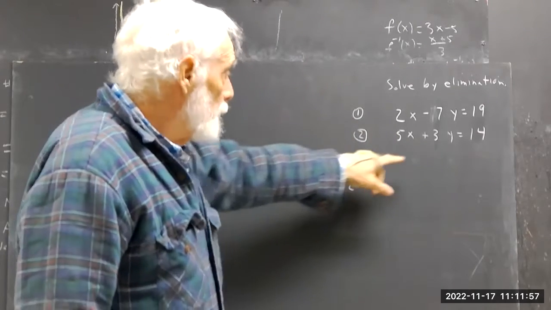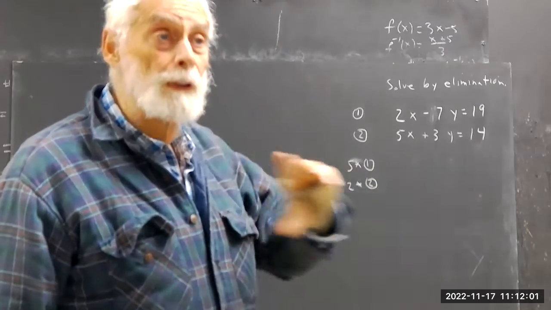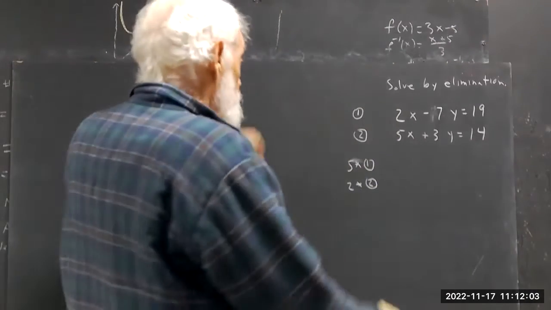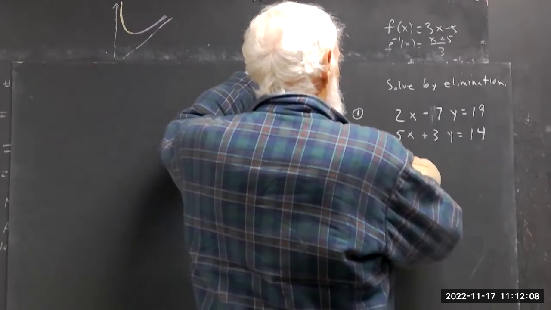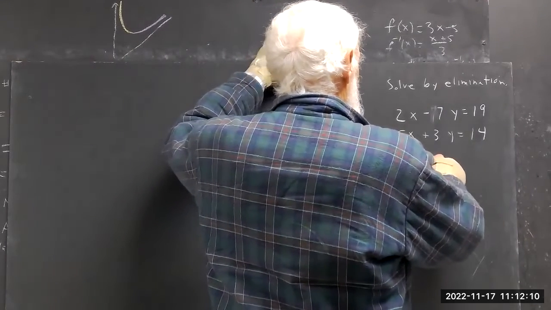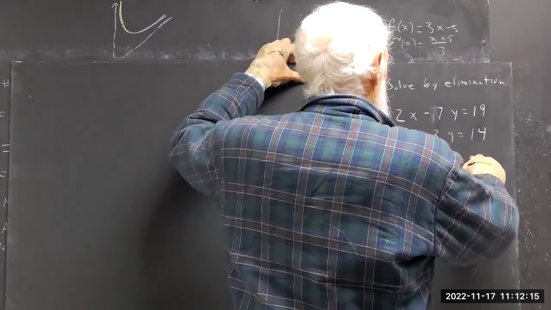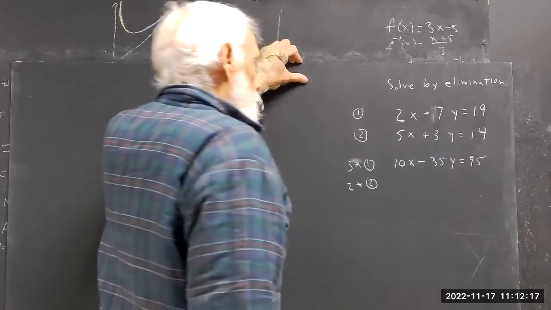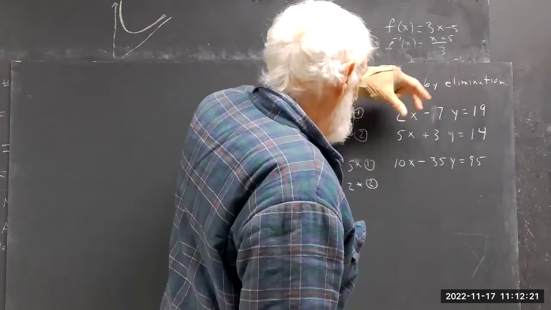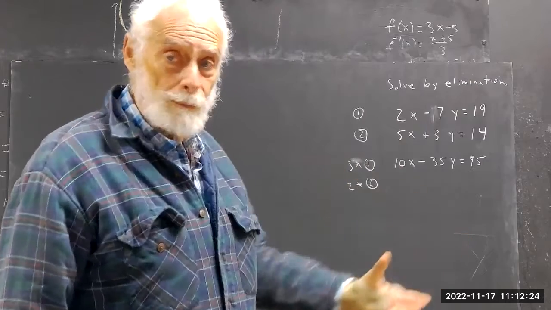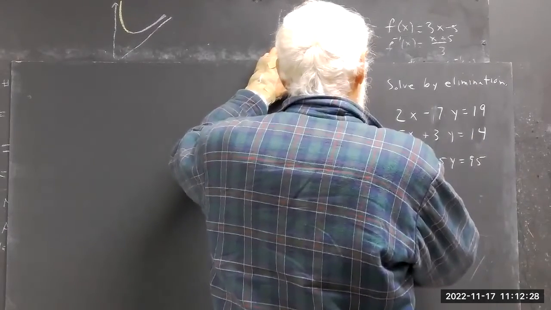I'm indicating the operation I use on each row or on each equation. And we do 5 times equation 1. You want to write that out to the side and make sure you've got it right. I multiply both sides of this equation by 5, and you are doing that just fine. Then I multiply both sides of this equation by 2.